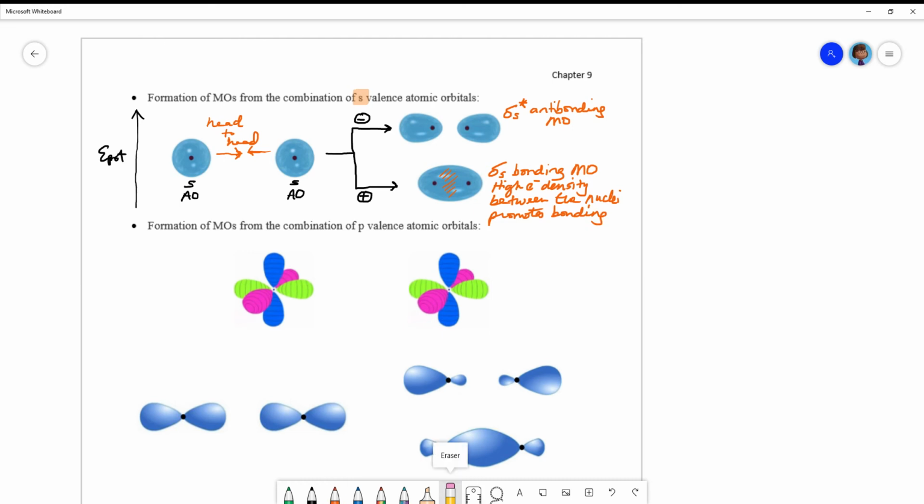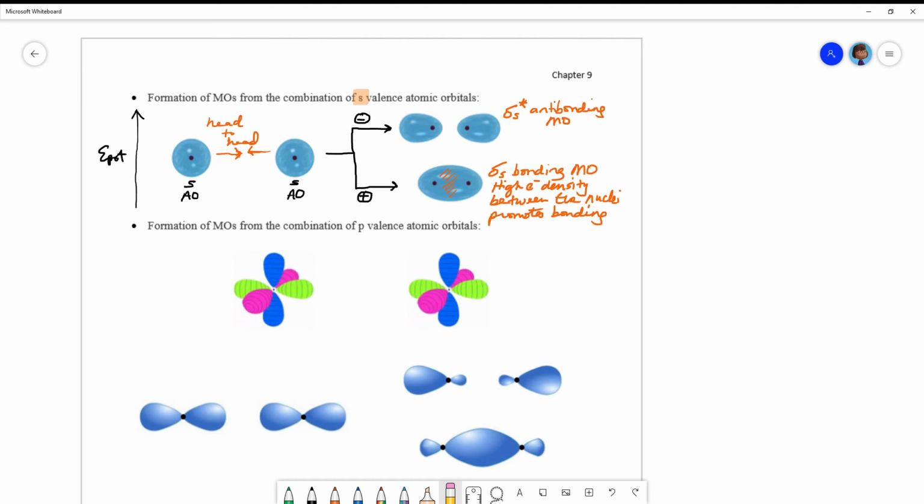In contrast, when we look at the antibonding molecular orbital and we look at the space between the nuclei of our atoms, it's pretty bare. We barely have any electron density between these two nuclei, which means there isn't going to be support of bonding by that antibonding molecular orbital, and that's why it's called antibonding.